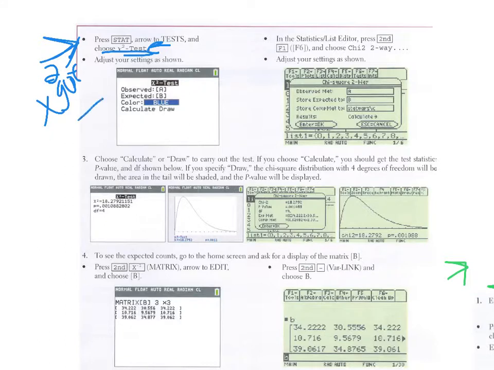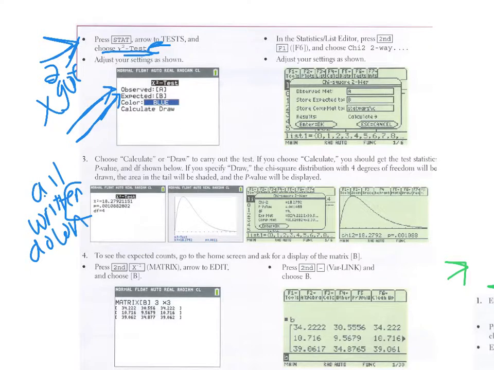You typed your observed into matrix A. You're going to send your expecteds to matrix B. And then you can choose the calculate or the draw. When I choose the calculate, I get my test statistic, my p-value, my degrees of freedom. All of these need to be written down to try to get your credit here.